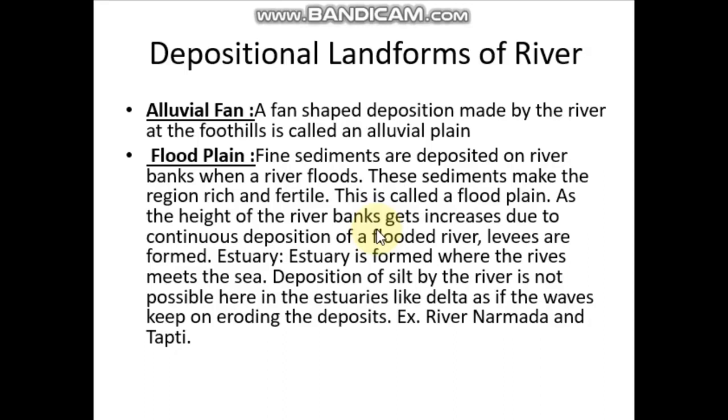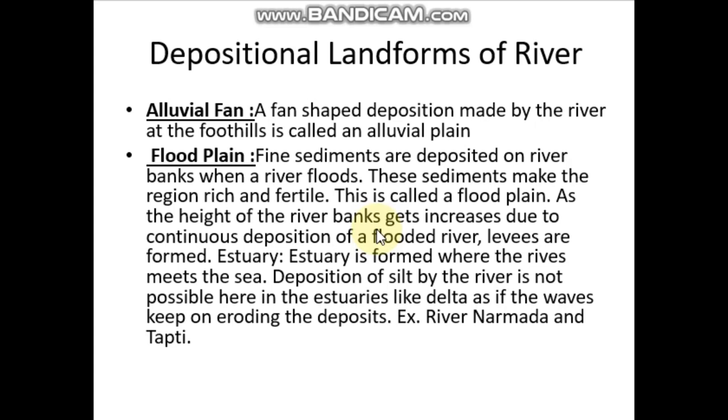So here, as the height of the river bank gets increased due to continuous deposition of the flooded river, levees are formed, and estuary. Estuary is formed where the rivers meet the sea. So here also deposition or silt by the river is not possible in the estuary, unlike a delta, as the waves keep on eroding the deposition.